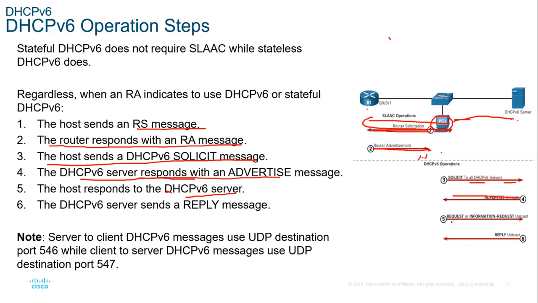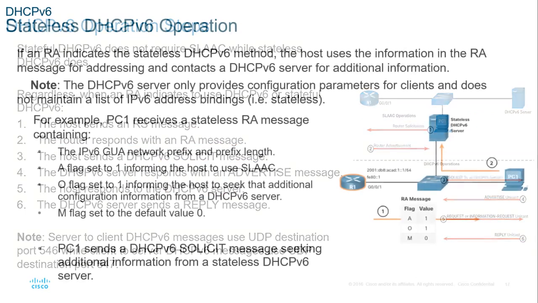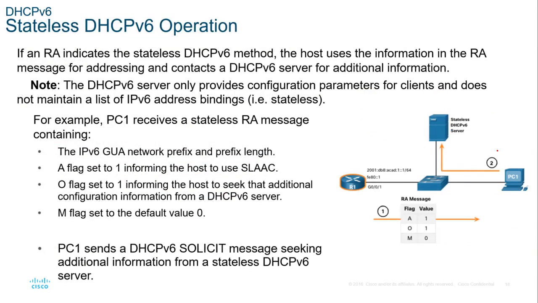The PC then requests the information in that advert, and once the server receives the request, it will acknowledge it, and then the PC uses the requested IPv6 address information. So this is stateless. I've already exhausted this explanation in the previous slide, that we have stateless DHCP version 6 operation.